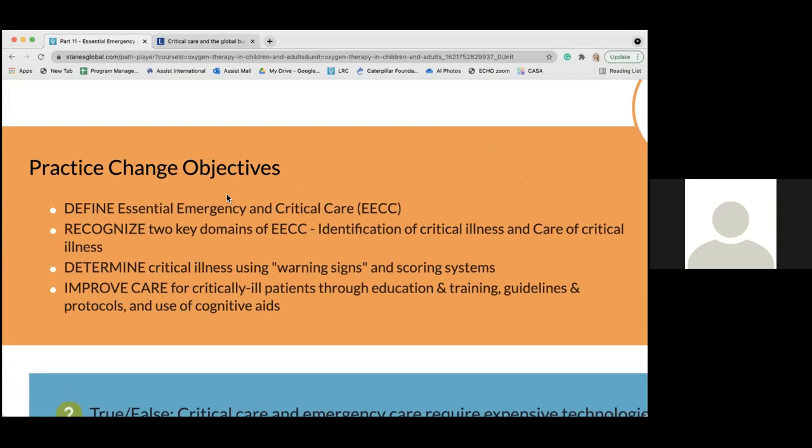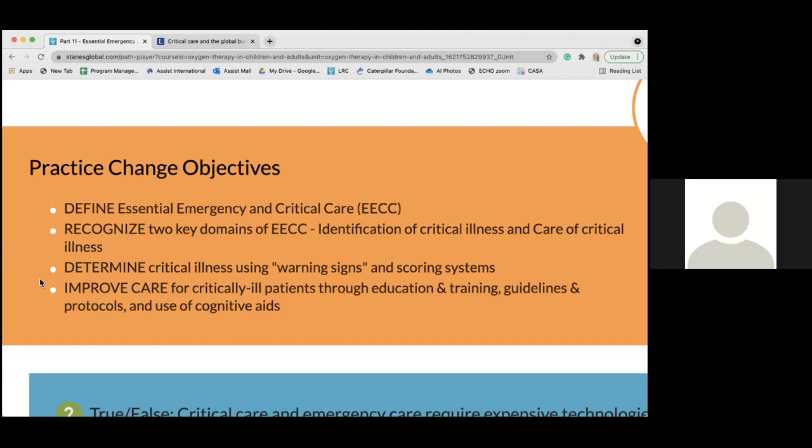We are also going to recognize the two key domains, the two most important elements of essential emergency and critical care. So these two will mainly be identification of critical illness as well as care of critical illness. So it's identification and care of critical illness.